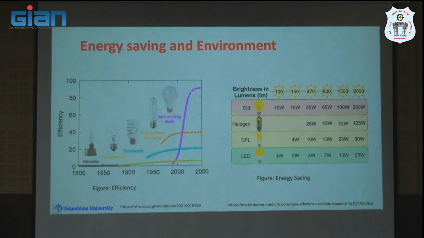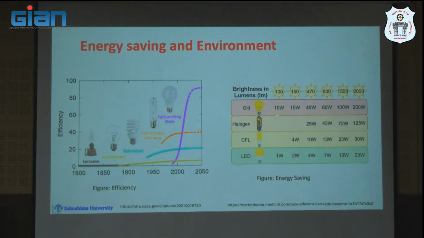So earlier, with such type of light, like old type of light or halogen or this incandescent, when you want to generate this much brightness, how much wattage, how much power do you need? Here with old sources you need 10 watts to create this much brightness.